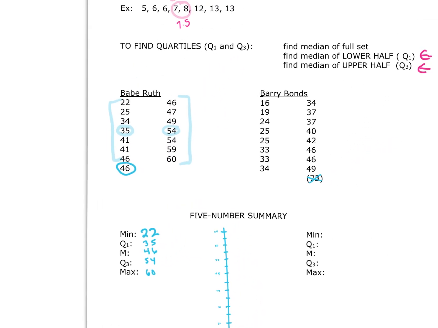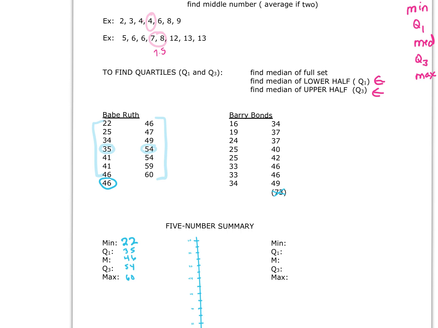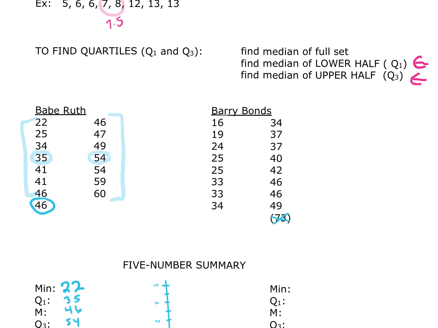All right, now let's do a similar process for Barry Bonds. Okay, so our median, actually, I think, is those two numbers. That's our median.